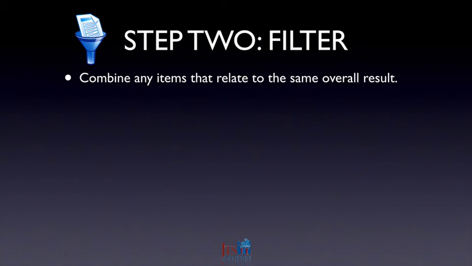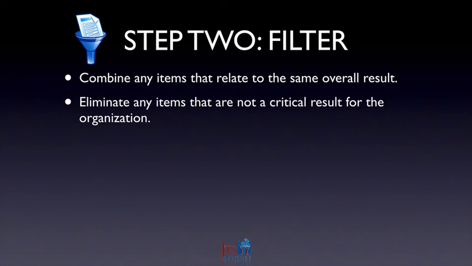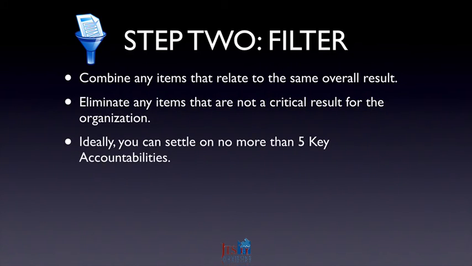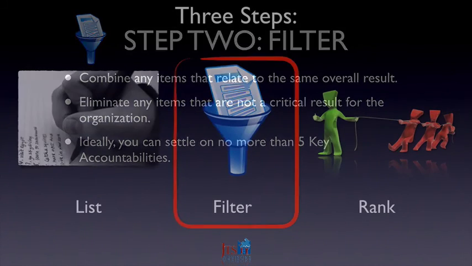So you want to put these together into larger chunks because you're really shooting for 3 to 5 of these accountabilities. If you've got 20, then we really need to combine some of them, chances are. So combine what you need to. Also eliminate any items that are not a critical result for the organization. And ideally you can settle on, again, no more than 5 key accountabilities.